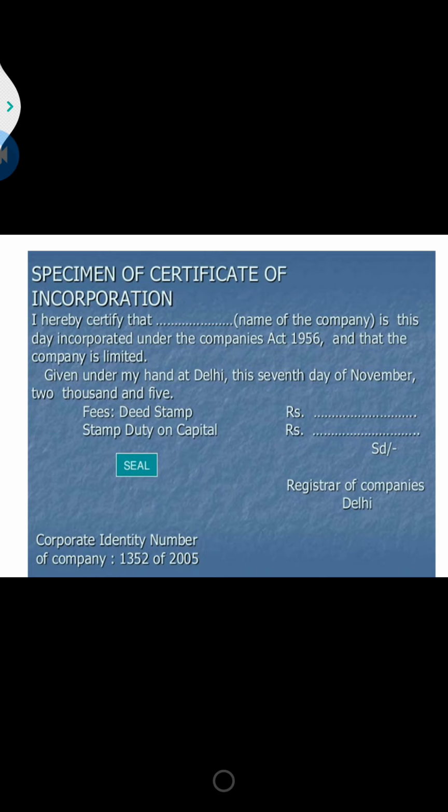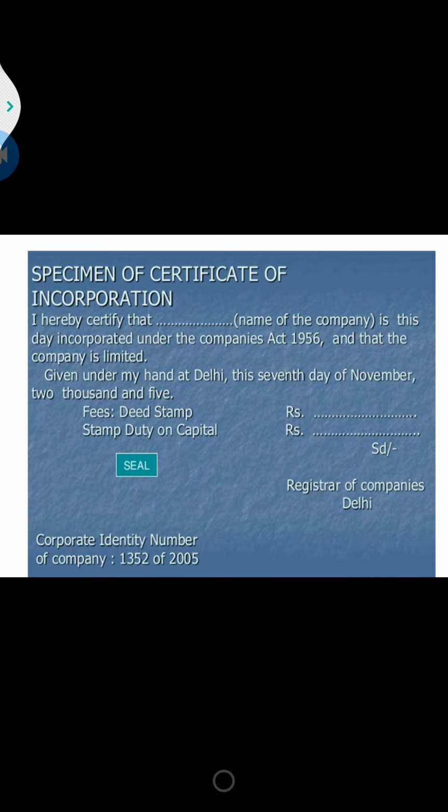The certificate of incorporation is conclusive evidence of the fact that the company is properly incorporated and duly registered. It means that the terms of the memorandum and articles of association are lawful, and all the requirements of the act in respect of registration are complied with.